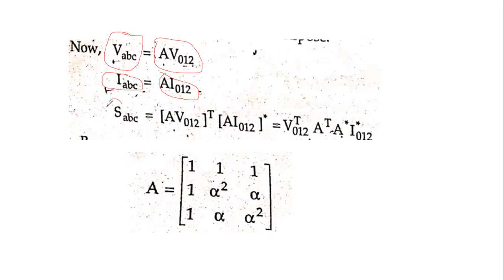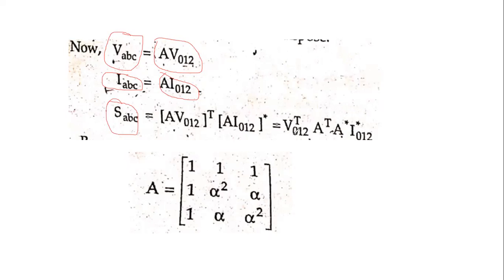Then we calculate the power. What is the voltage? VABC is equal to A V012. We substitute it as A V012 transpose into the current. What is the current? A I012, so A I012 conjugate.